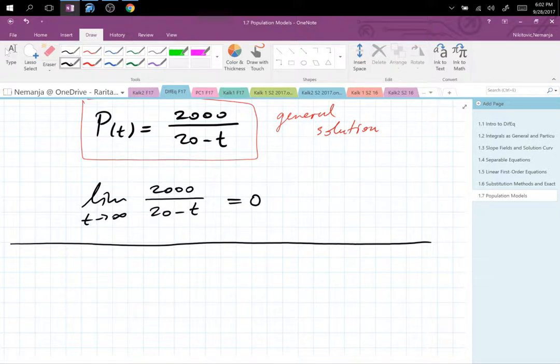So now the model is going to change. They have, again, notation.